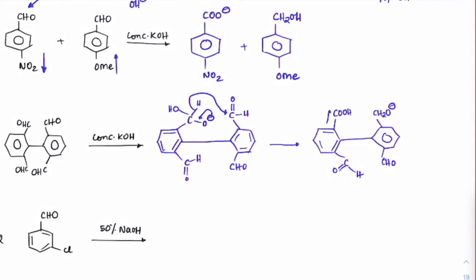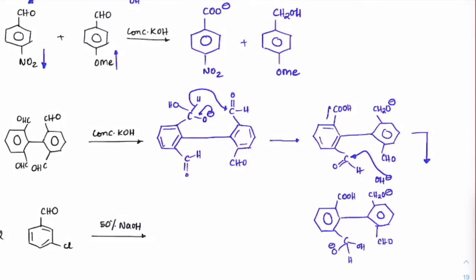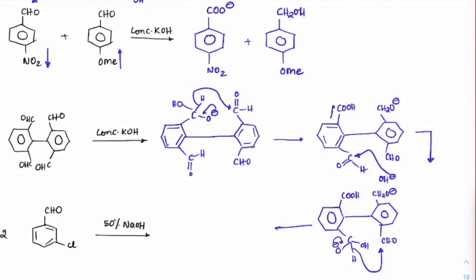So OH minus will attack on the same carbon here, and we would have the group like this with COOH and CH2O minus, and here CO minus, H and OH, CHO, and as it closes, hydride shift will take place to this side.